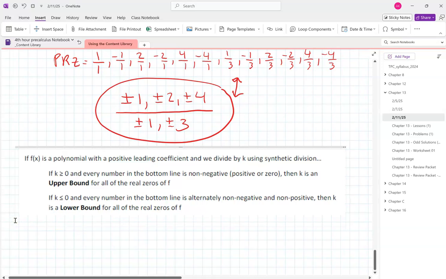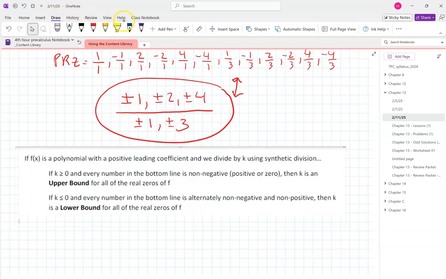This says if f of x is a polynomial with a leading coefficient, and we divide by k using synthetic division, if that k was positive and every number in the bottom line is non-negative, that is positive or 0, then k is an upper bound for all of the real zeros of f.